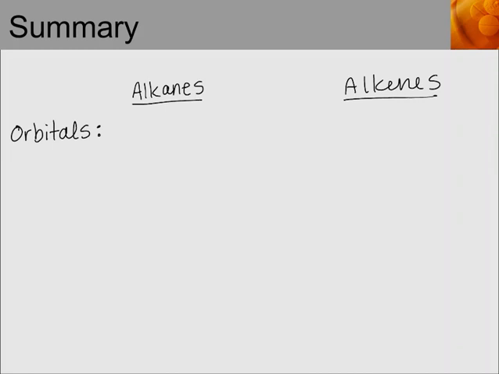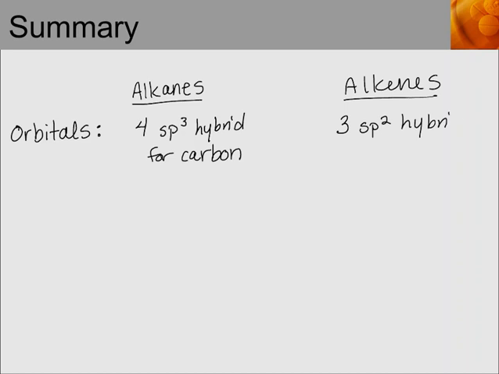So we said that alkanes have 4 sp3 hybrid orbitals for carbon. And alkenes have 3 sp2 hybrid orbitals plus 1 p orbital, which is unhybridized, for carbon.